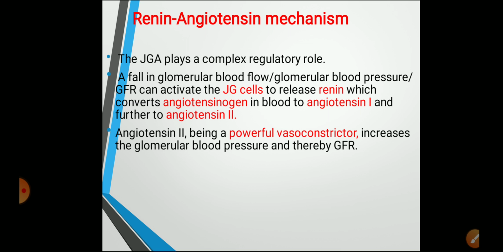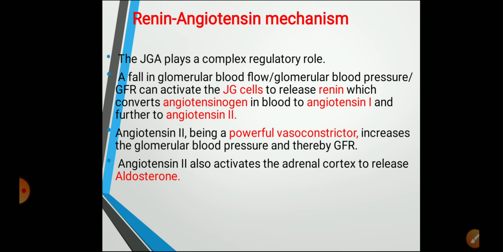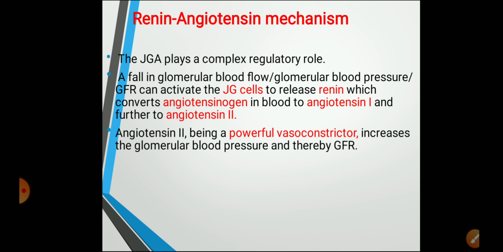Blood pressure increases and hence the GFR also increases. So the function of angiotensin 2 is that it acts as a powerful vasoconstrictor and thereby increases the glomerular blood pressure, and the glomerular filtration rate also increases.